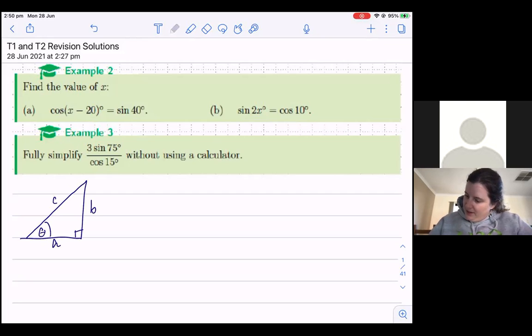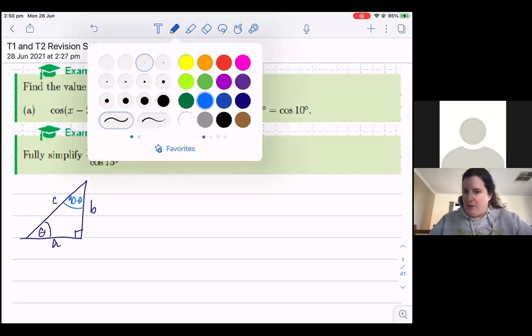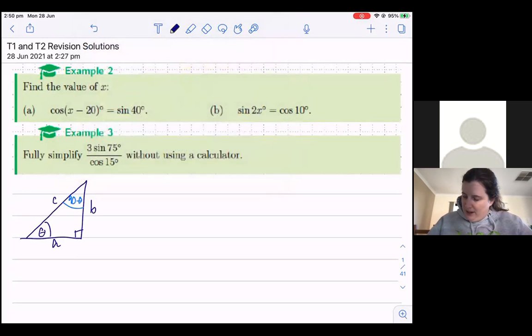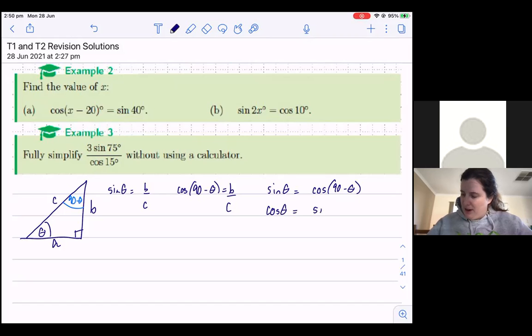If that's theta, then this angle up here must be 90 take theta, because all three add up to 90, which means sine of theta is B on C. But what's cos of 90 take theta? It's also B on C. So sine theta is the same as cos of 90 take theta, and vice versa. Cos theta is the same as sine of 90 take theta.